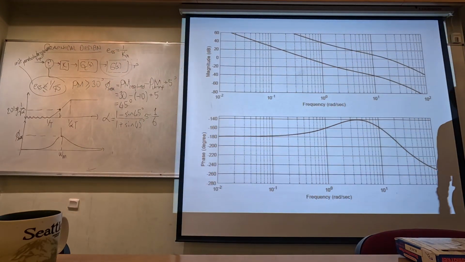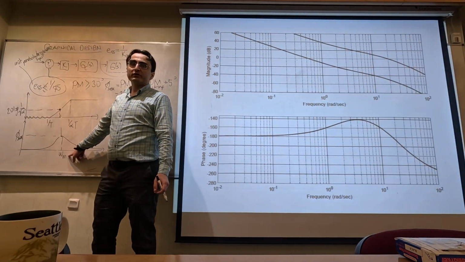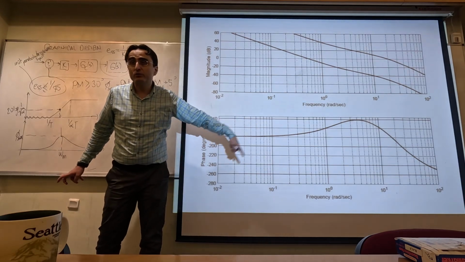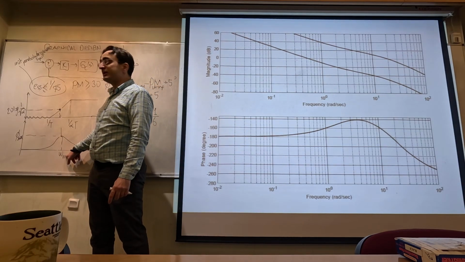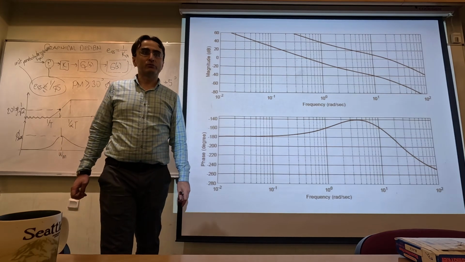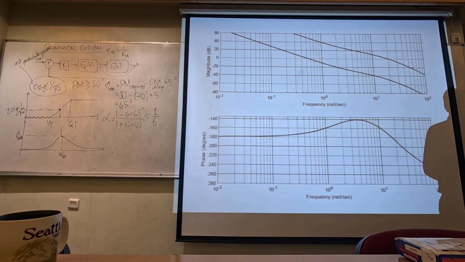And now in the next design step, what I have to do is that I need to choose this peak frequency position in my frequency axis. I need to place this peak frequency at the new gain crossover frequency of the system. Okay? I need to place the peak frequency there at the new gain crossover frequency of the system.